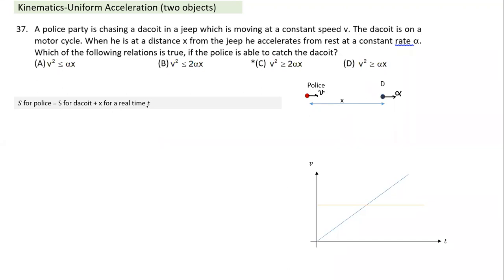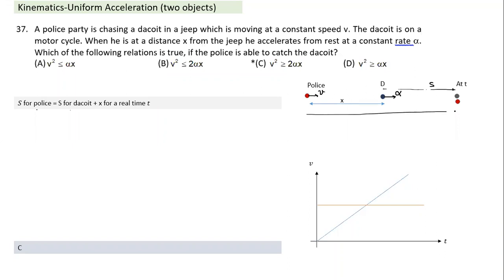If at some real value of t this condition holds good, that's the condition for catching. In terms of the figure, at some real value of time t, when the dacoit has reached here, the police party also is here, which means the dacoit has undergone this displacement, and this is the displacement the police have undergone. The relationship between the two is that this is equal to x plus s.